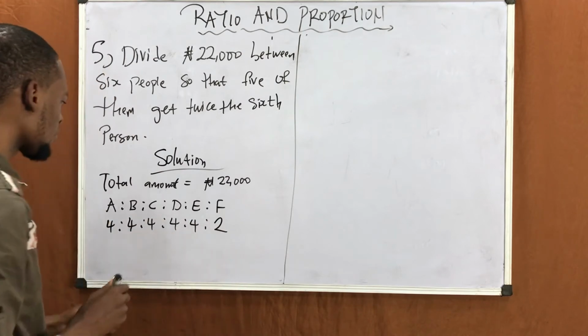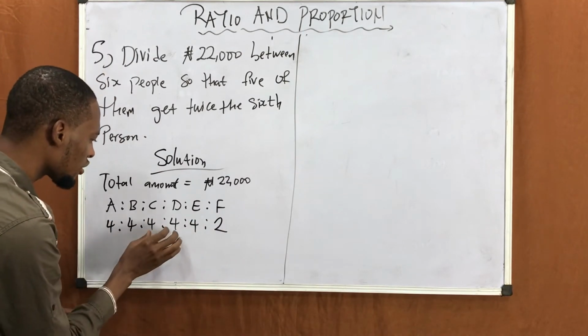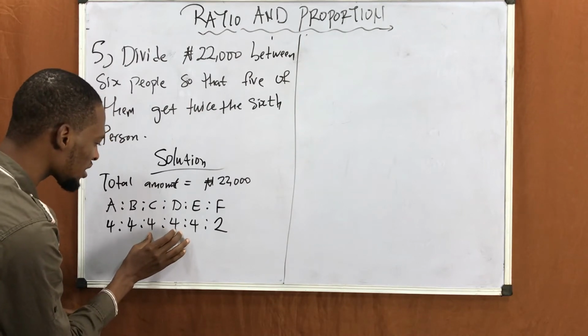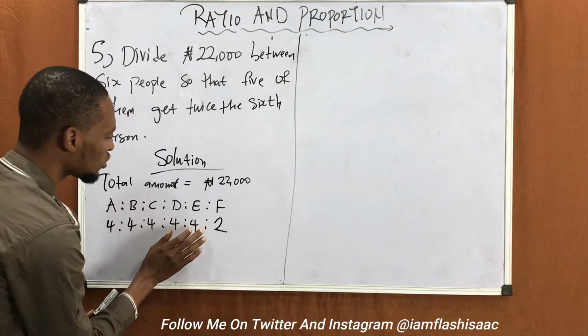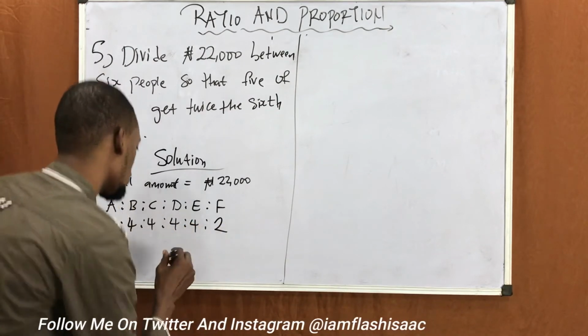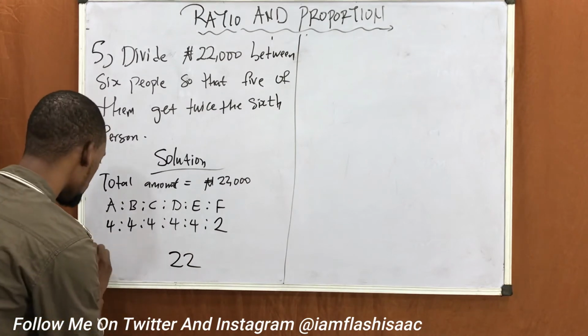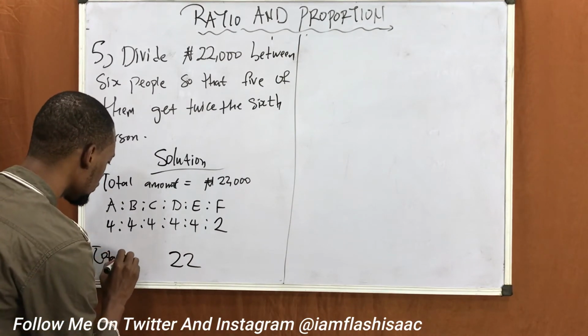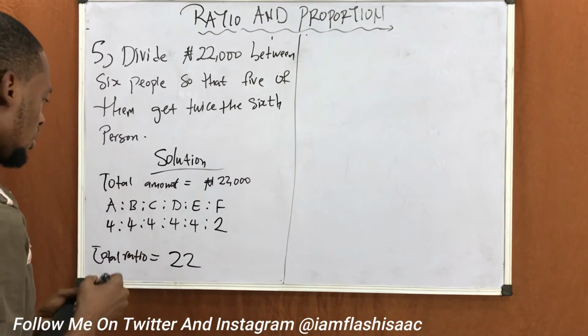total ratio. This will give us 4 plus 4 is 8, plus 4 is 12, plus 4 is 16, plus 4 is 20, plus 2 is 22. So the total ratio equals 22.